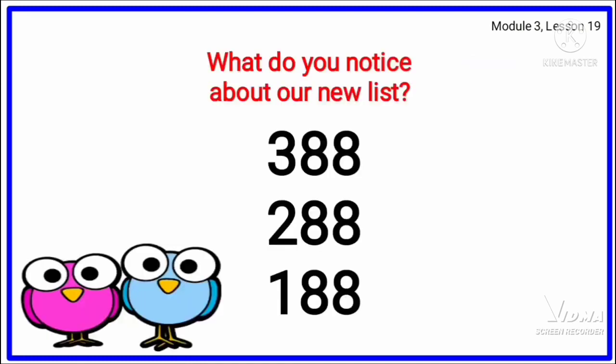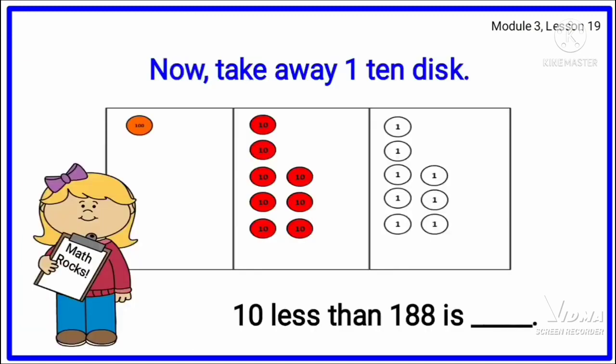Okay, so see what you've done. From 388, we did 100 less, we got 288. And from 288, we did another 100 less, and we got 188. Now take away 10 discs. We have 188. Now 10 less than 188 is what? 178.